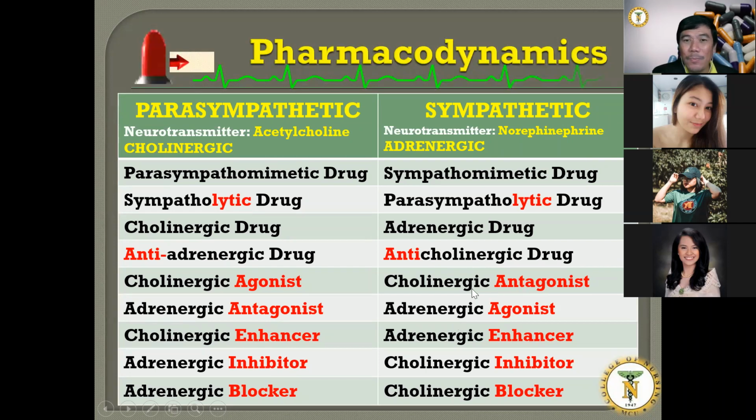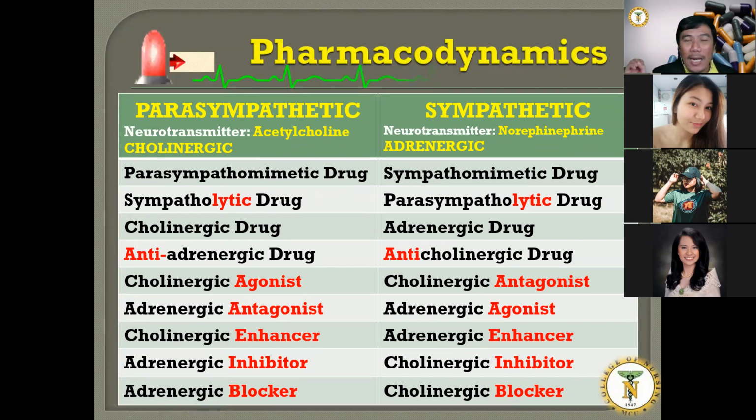Cholinergic antagonist. Cholinergic is identified as parasympathetic, and since it uses antagonist, which contradicts, obviously the action is sympathetic. Adrenergic agonist. If we say adrenergic agonist, we use it to stimulate, so it stimulates the action of the adrenergic, sympathetic. Adrenergic enhancer.